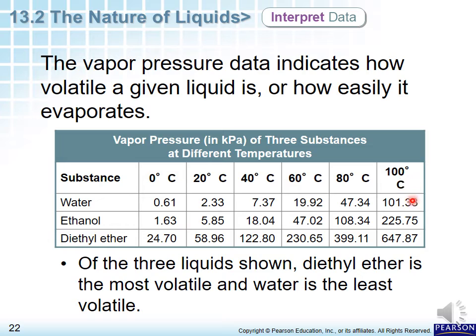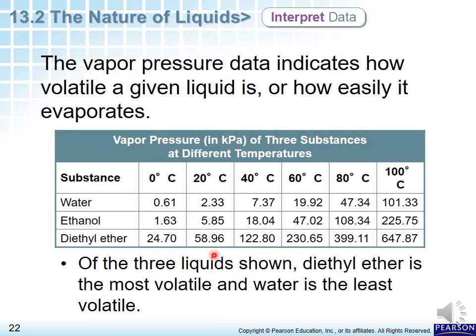So at the boiling point, that's why we call it the boiling point. Okay, we will discuss that, just wait. At 100 degrees Celsius, the vapor pressure of water is equal to the atmospheric pressure, 101.3. But you can see ethanol and diethyl ether are much higher than water, especially diethyl ether. For the three liquids shown, diethyl ether is the most volatile and water is the least volatile.